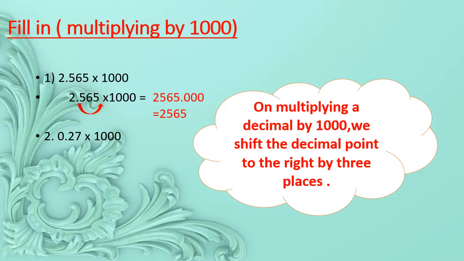Next is 0.27 multiplied by 1000. Here students, we will shift the decimal point to the right by 3 places. Got it? As I told you, whenever we are going to multiply by 1000, we shift the decimal point to the right by 3 places.